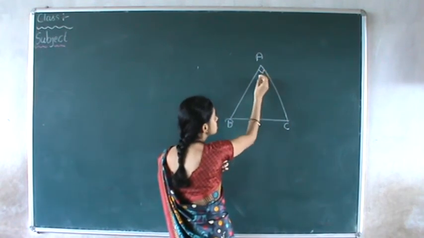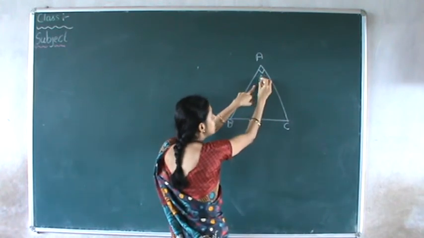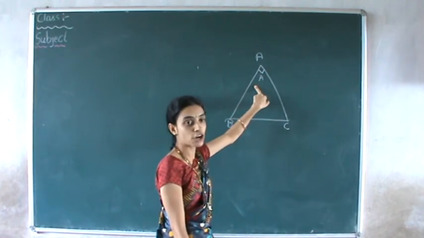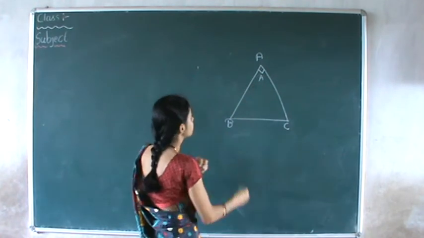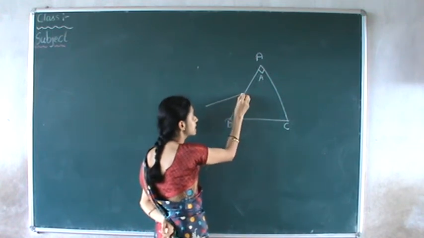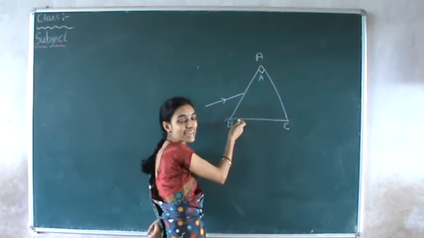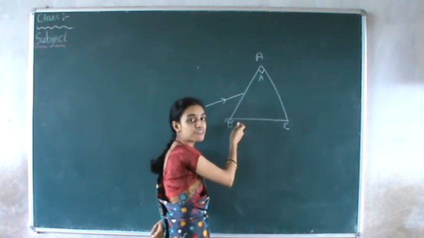Here this is the angle of the prism. Let A be the angle of the prism. Next, I will consider one incident ray which gets incident on the first surface.